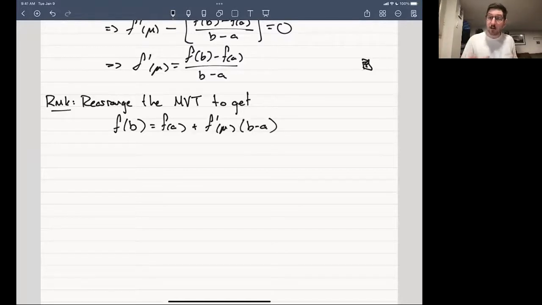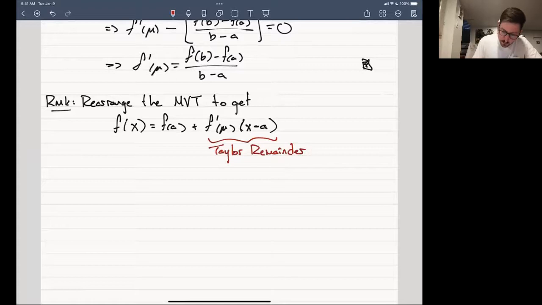What does that look like? If I replace the b with an x here, that looks a lot like Taylor's theorem. This is an even weaker version of Taylor's theorem than the differential that we saw previously, because this can be thought of as the Taylor remainder.